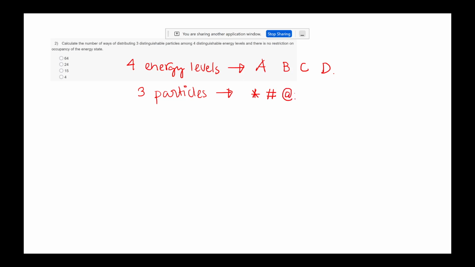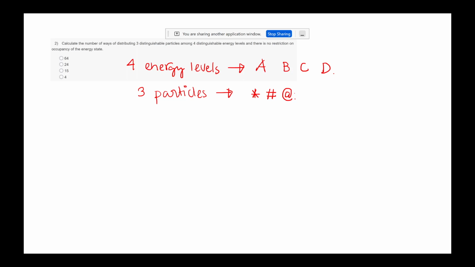Now, can you map this problem with the dice problem? In dice, there are 6 faces with 6 different numbers. Let's just assume there is one die or one coin which has 4 outcomes, A, B, C, D. In a coin toss there are 2 possibilities, head and tail. In dice there are 6 possibilities, 1, 2, 3, 4, 5, 6.